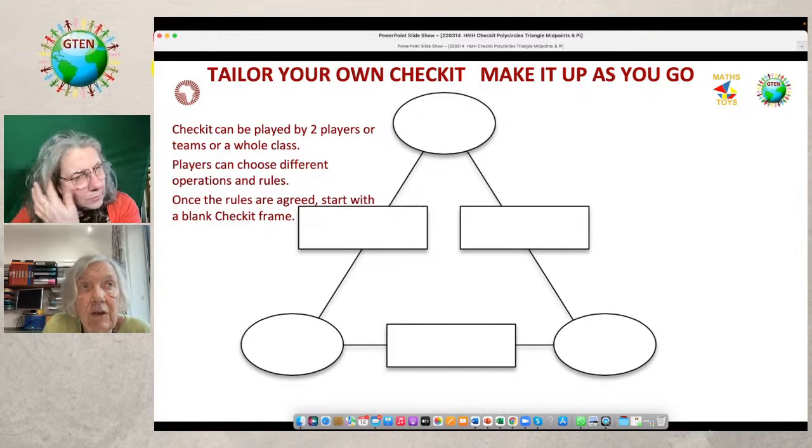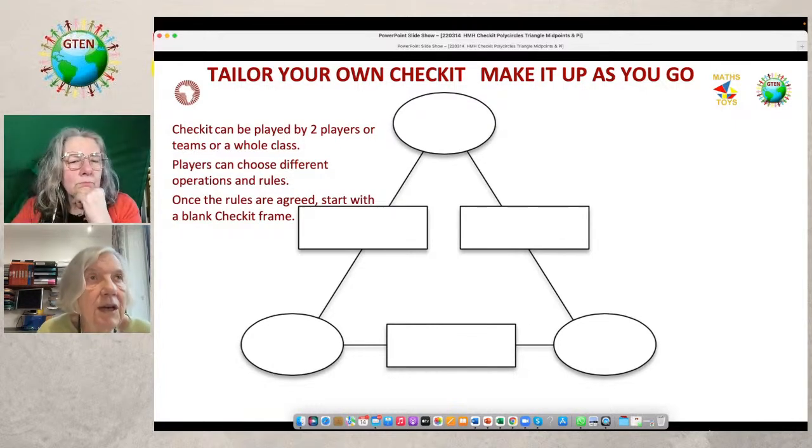You might decide on addition, you might decide on multiplication, you might even decide on some other operation, way of combining. It's always a matter of combining 2 of the numbers to get the third.